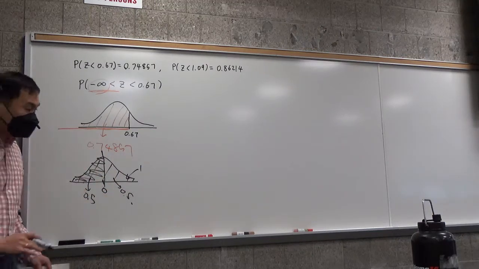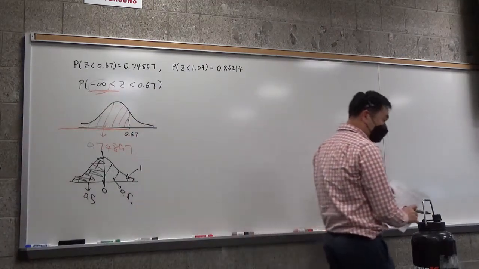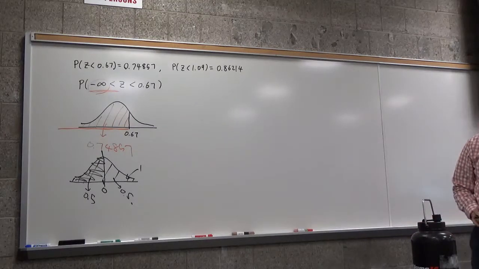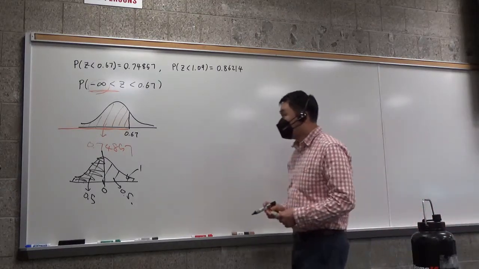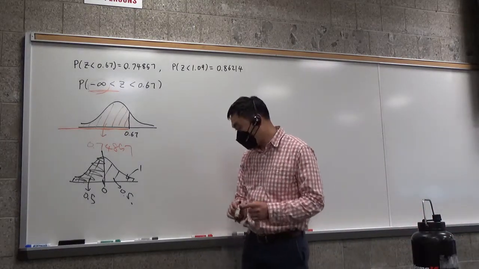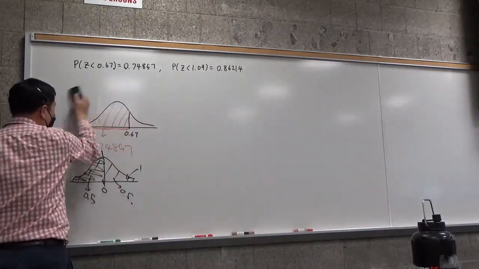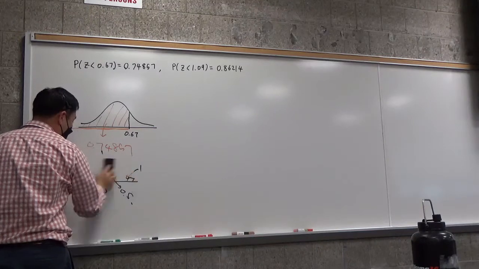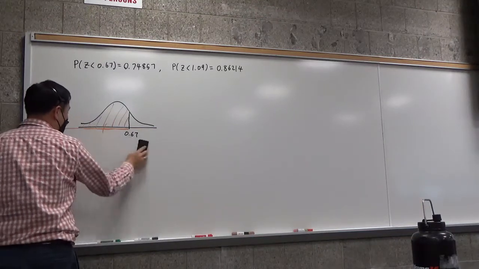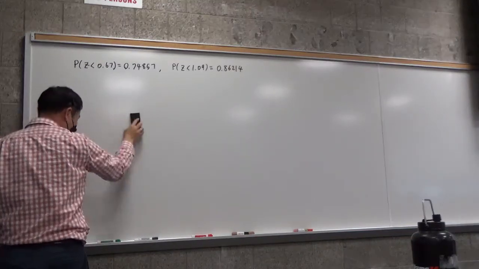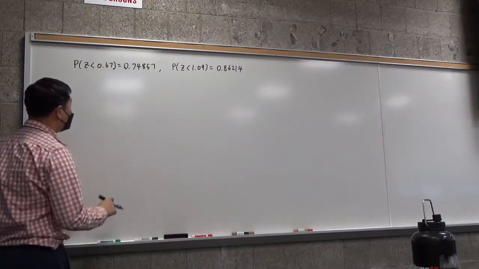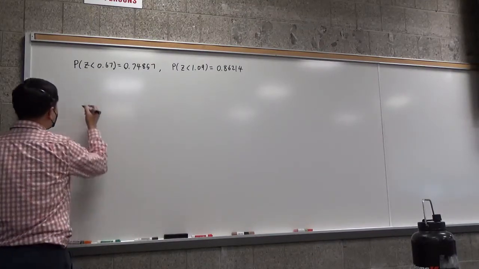Okay. So knowing this information, I want to think about various other questions I can ask, and see if you can answer them as I go along, right? So let's think about the following.